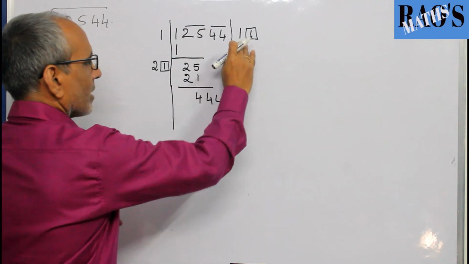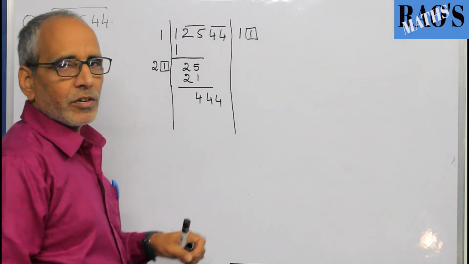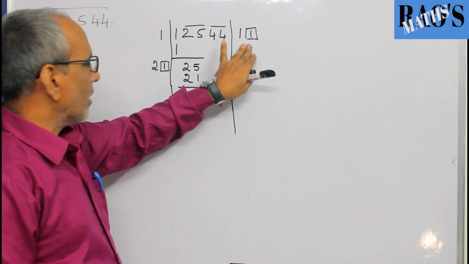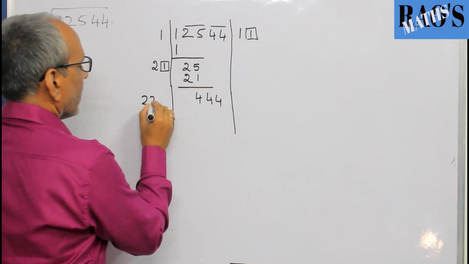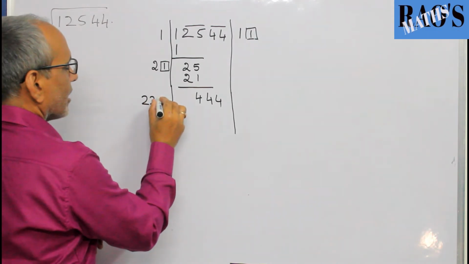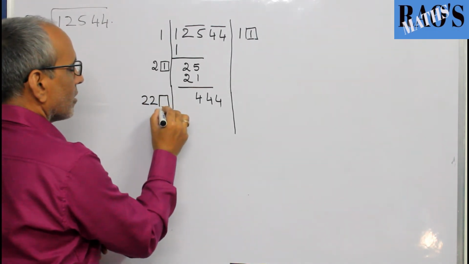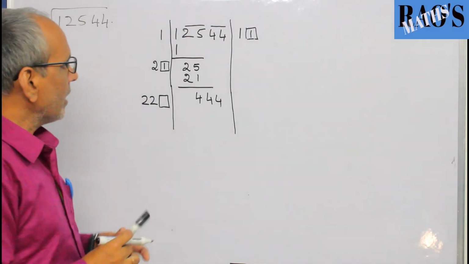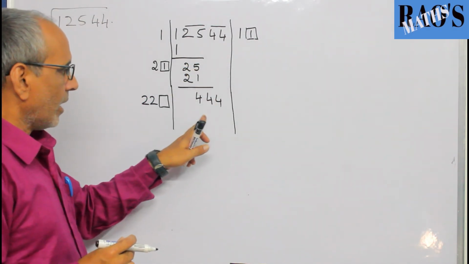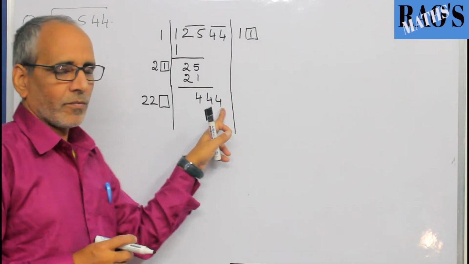Now, the present quotient is 11. We should write twice of 11, 22. They take the position of the tens place, leaving the units digit always. You always guess the units place. And this is the last pair, and the last pair ends in 4.